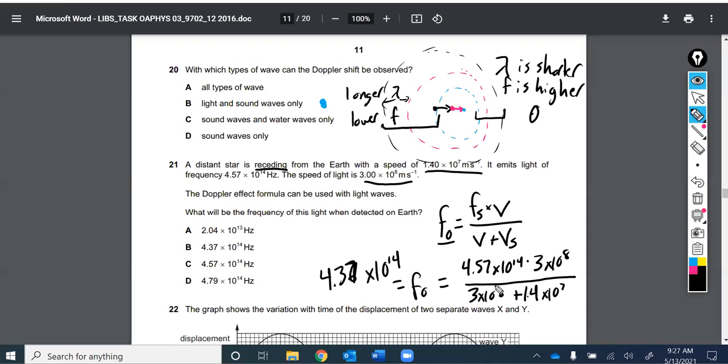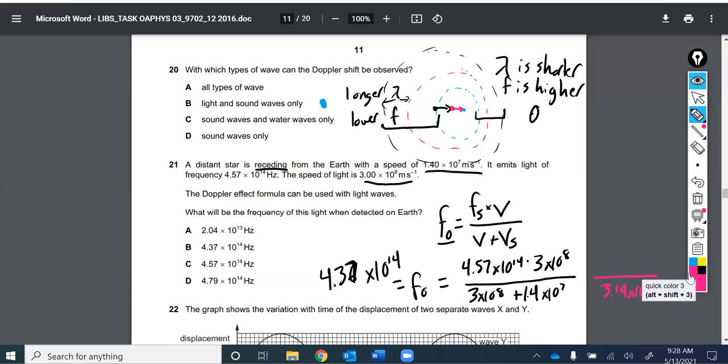Let's just make sure we didn't make a computational error there in the denominator. So 3 by 10 to the 8 plus 1.4 by 10 to the 7. So that's 3.14 by 10 to the 8. The denominator there is 3.14 by 10 to the 8, right?